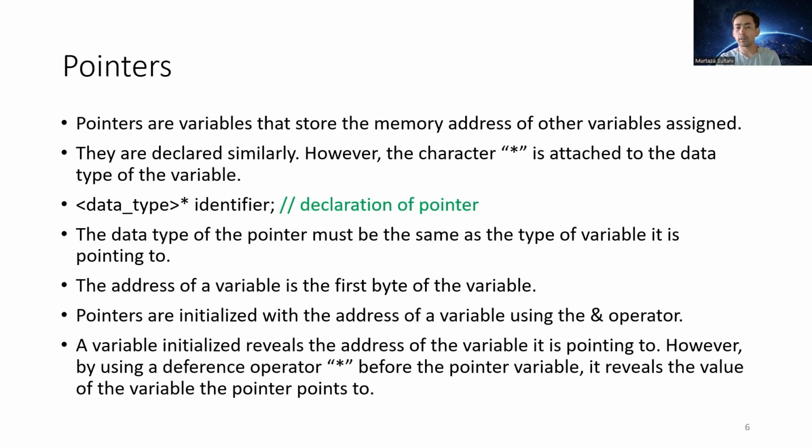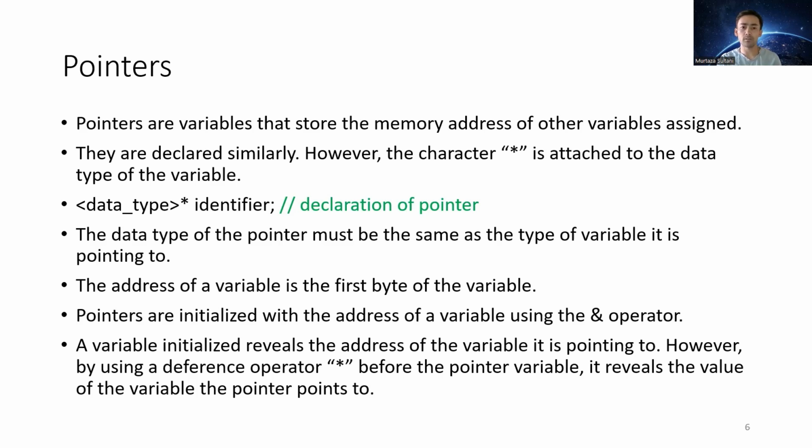The pointer that points to that variable is mainly initialized with the address of the variable. We will explain this with example in the next slide. And the address of a variable is the first byte of the variable. Say that variable size in the memory depends on the type of the variable.